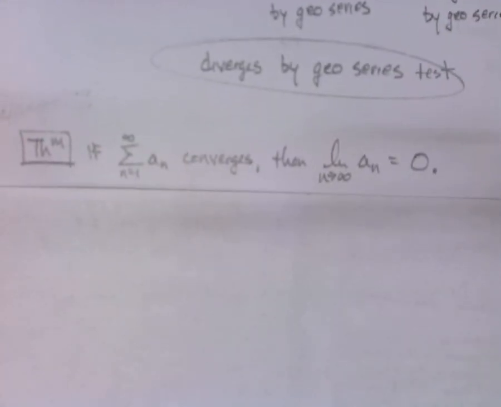Now we're going to look at the next type of series test that we can apply. This next one could apply to lots of different things. And it's a really simple test, comes in really handy, and it's based on some cool logic. So we're going to start with this theorem you see right there.